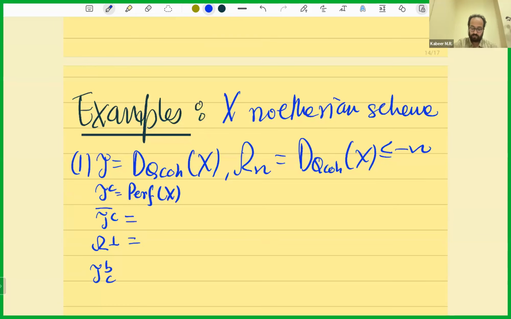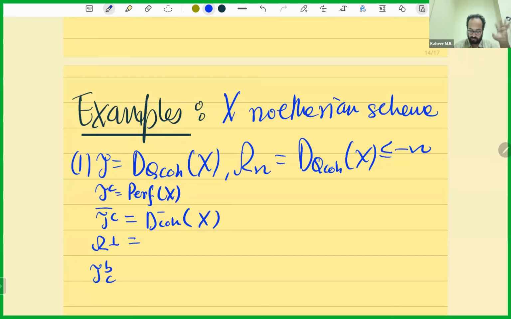Okay, so if we work with a Noetherian scheme and we look at the derived category of sheaves with quasi-coherent cohomology, and we take the metric coming from the standard t-structure, we know that the compacts are the category of perfect complexes. The closure of the compacts happens to be bounded above complexes of sheaves with coherent cohomology.